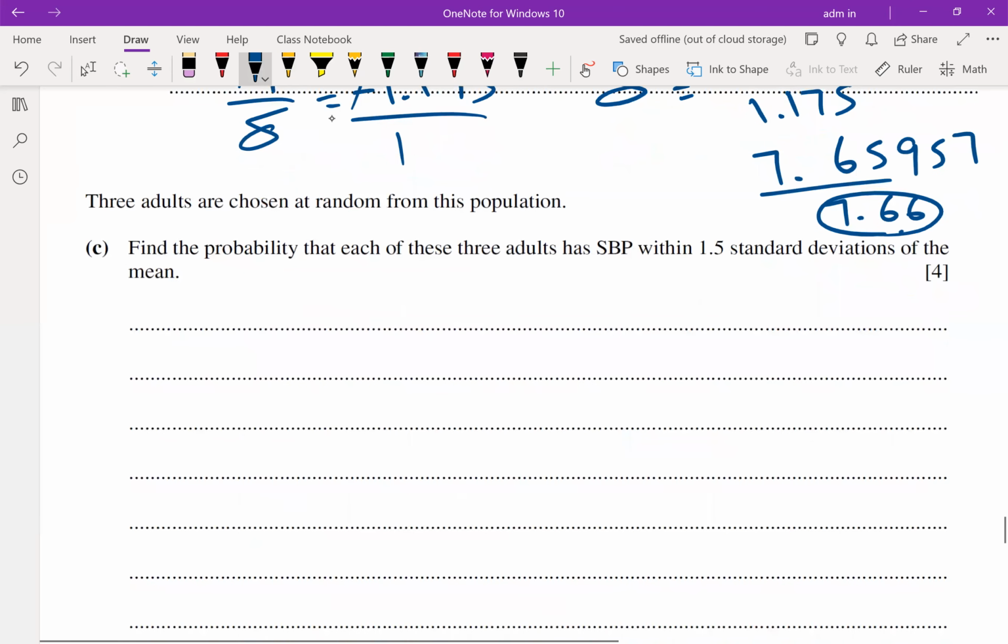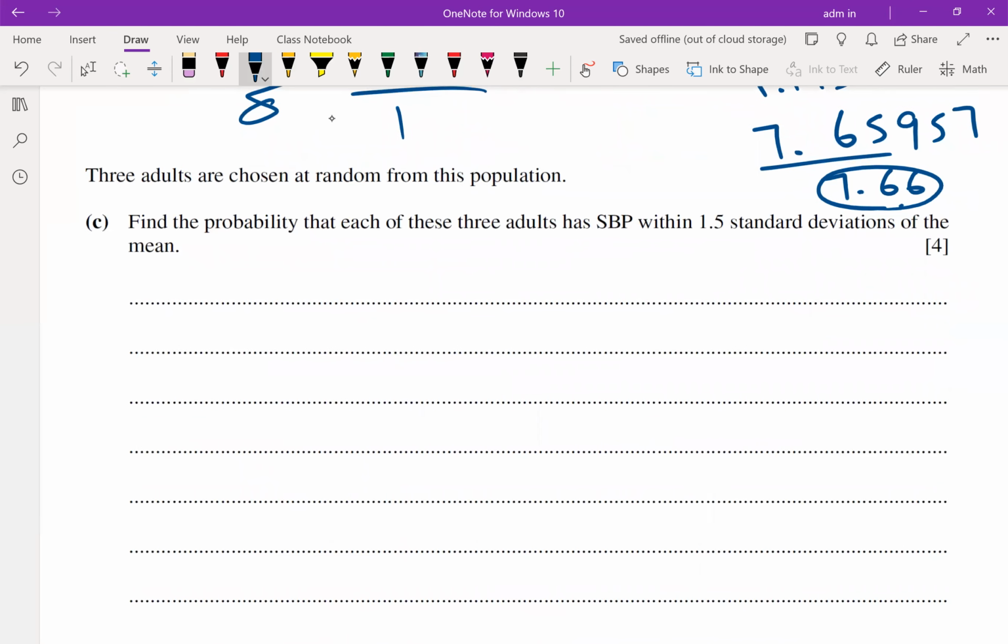Now let's look at part C. 3 adults are chosen randomly from this population. Find the probability that each of the 3 adults is within 1.5 standard deviations of the mean. Each. So you have to get the probability, and we have 3, so the answer will be P to the power 3. But how to get the probability?